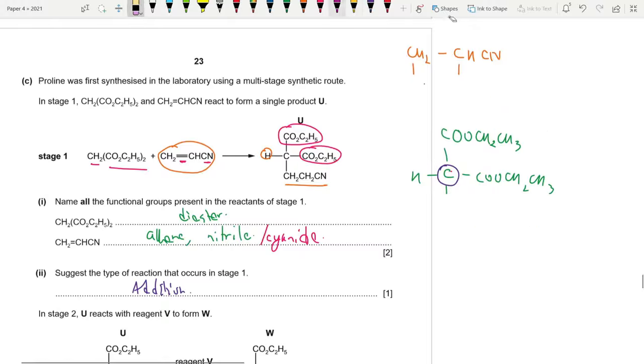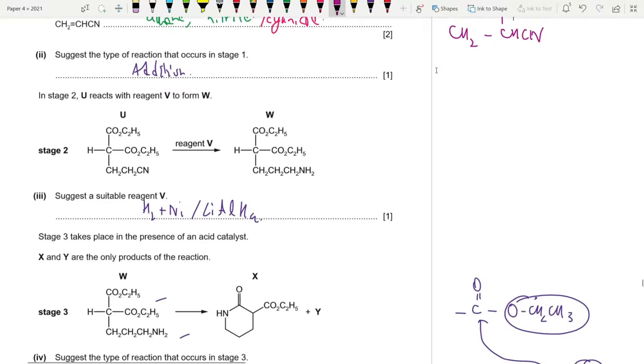We had CH2 double bond CHCN, so we're going to remove the double bond. We're going to remove this hydrogen. This carbon will form a bond with this carbon over here, and the hydrogen we had will go over here. So we're getting CH2CH2CN. It's an addition reaction basically. In stage 2 you react with reagent V to form W. What's happening here?